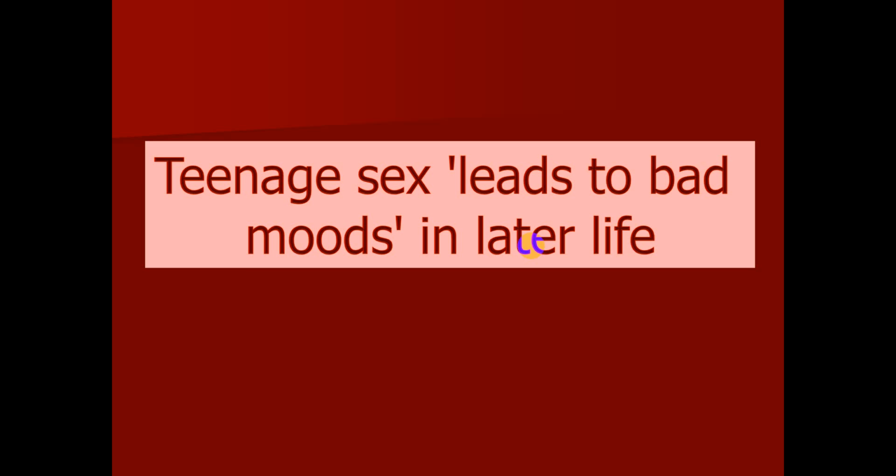So they could only draw a relationship between these possible bad moods and the sex that they had earlier on. But we don't know exactly if that's what caused it or not. And obviously this headline that says teenage sex leads to bad moods is awfully misleading given that it was teenage hamsters.